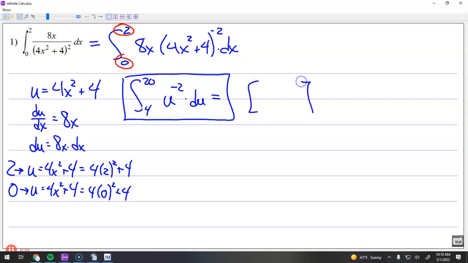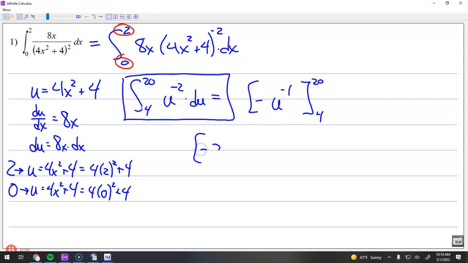So I'm going to add 1 to the power, which gives me u to the negative 1, multiply that by the reciprocal of that new power, which is negative 1. And then I've got a 4 and a 20. You with me? I'm just going to plug in the top minus plug in the bottom.